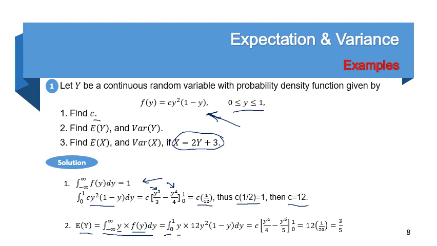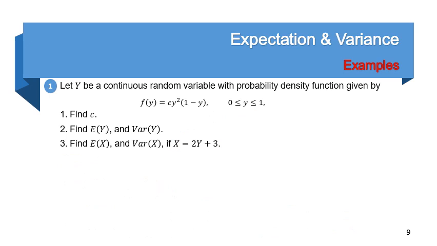We multiply y by the density given in the problem above. Then we integrate as before, and we substitute: one time we put y equal to 1, minus we substitute all the y's with 0. We get the expectation of y as 3 over 5. Now we need to get the variance, as you will see in the next slide.